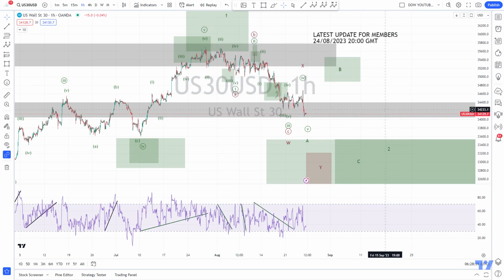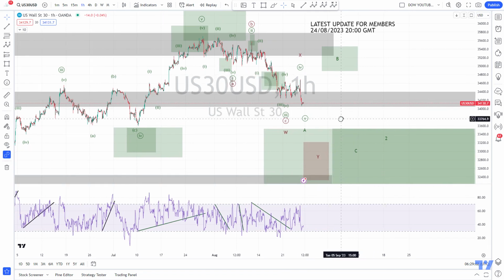Now there might also be an alternative, that we would still have this WXY correction. Then we have here our A, B, C, but then it would mean that this here is our wave X, and that we now further go down again as an ABC, A, B, C into this area.